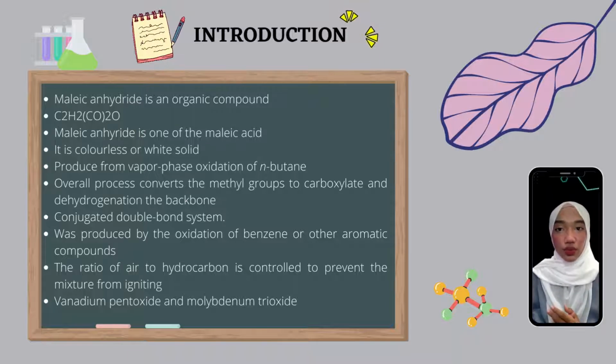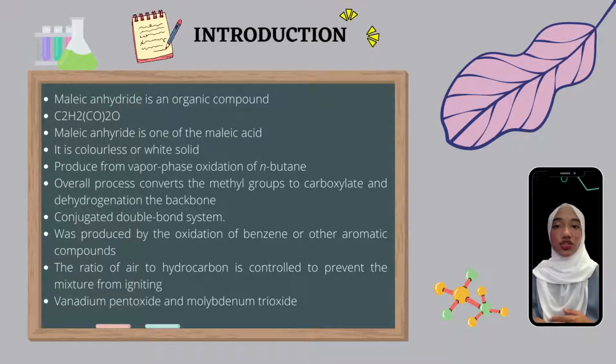Traditionally, Maleic Anhydride was produced by oxidation of benzene or other aromatic compounds. In both cases, benzene and butane are fed into a stream of hot air and the mixture is passed through a catalyst bed at high temperature. The ratio of air to hydrocarbon is controlled to prevent the mixture from igniting.